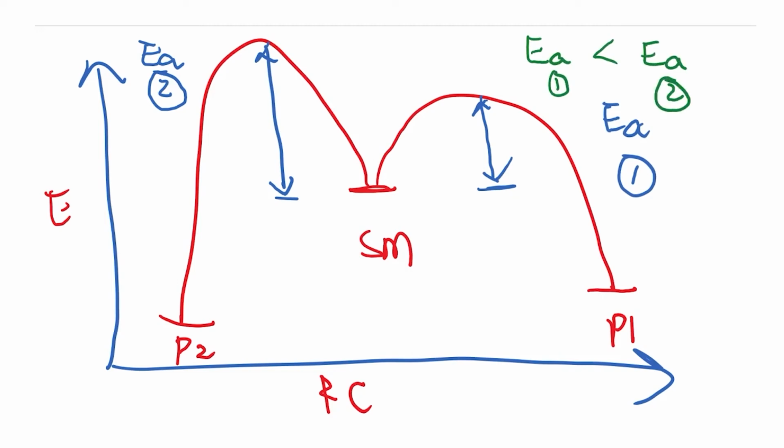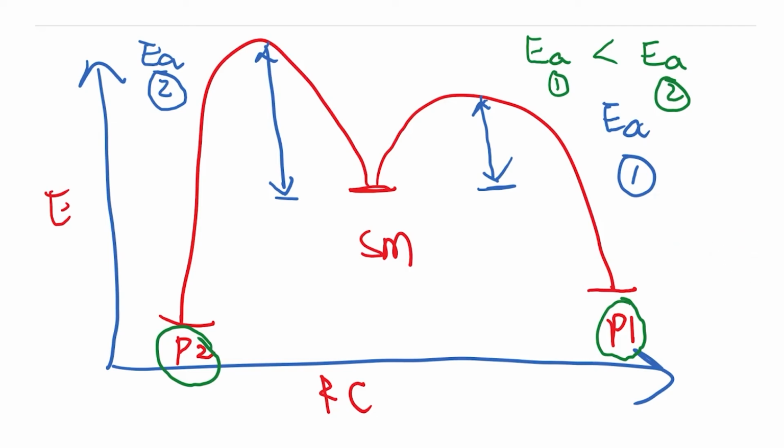Okay, what this tells me is that the formation of P1 is substantially faster when compared to the formation of P2. And the second concept is that the formation of P1 is reversible. And this helps us understand why a particular product is actually not formed at higher temperatures.